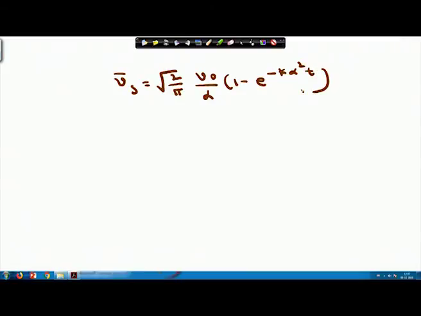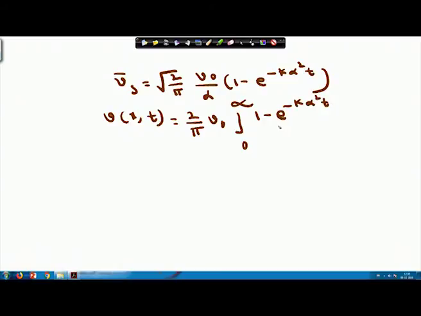And once I have obtained v bar, I can find out v x t also. This v x t equals 2 by pi v naught into the integral 0 to infinity of 1 minus e power minus k alpha square t, by alpha, into sine of alpha x d alpha.